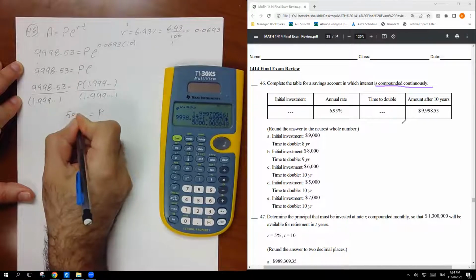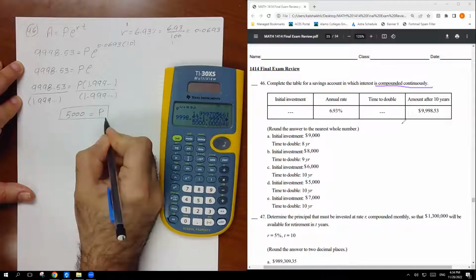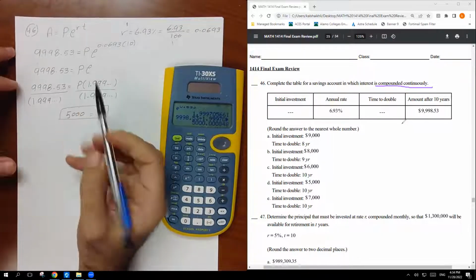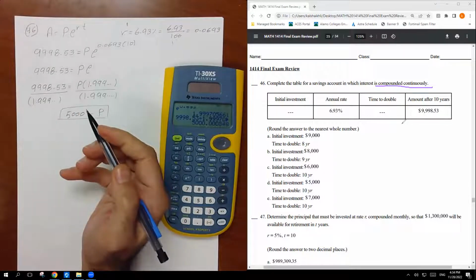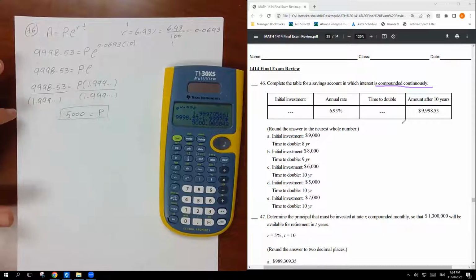That means if you invest 5,000 in your account, it's going to be 9,998.53 after 10 years. Now the next part, they ask you for the time to double. If you check the options they give you, the only option is 10 years.